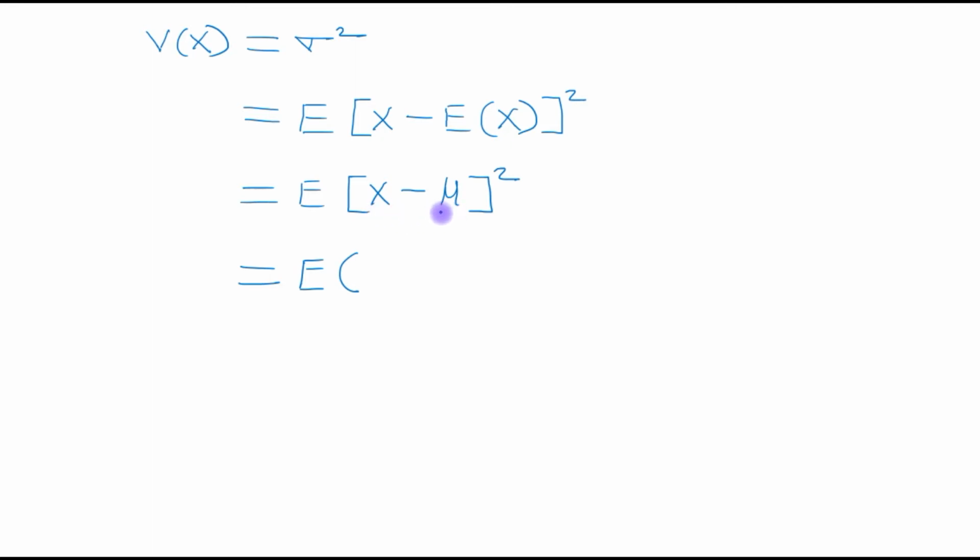Now we will use the identity (a minus b) whole square. So it will become x square plus mu square minus 2 mu x.